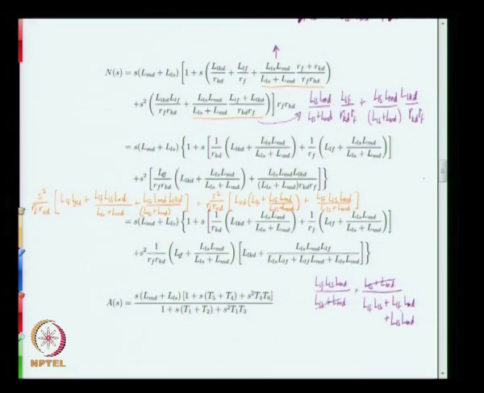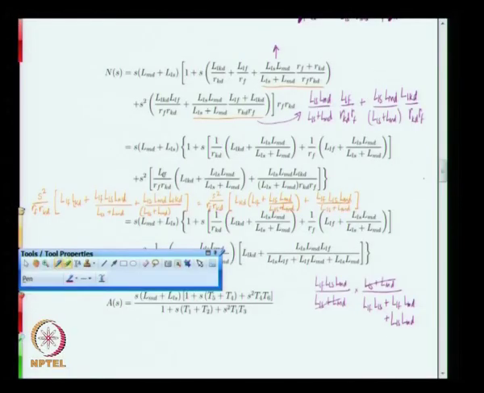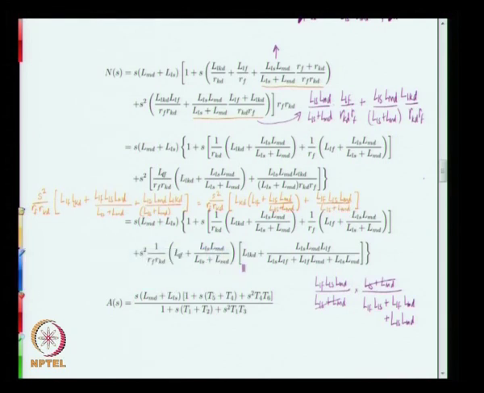So having written it in this form, we find that the numerator can be written in a more condensed form as S times LMD plus LLS is here, and then you have 1 plus S times, each of these is an L by R ratio.